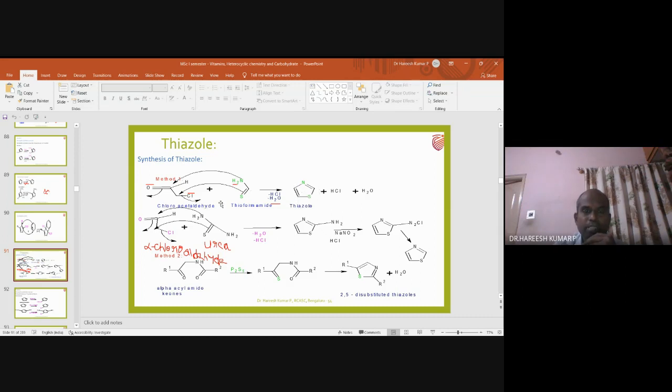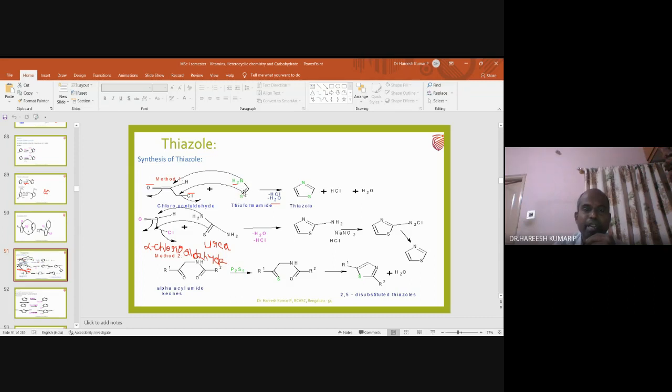If we look into the mechanistic part, you know that the thioamide, thioformamide, will be in equilibrium with the amide enol form. One of the hydrogens attached to the nitrogen will come and form a bond with the sulfur. That means there will be a double bond here, and this double bond disappears and is converted into SH.